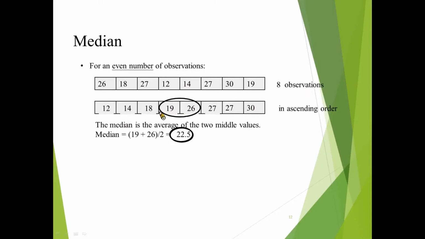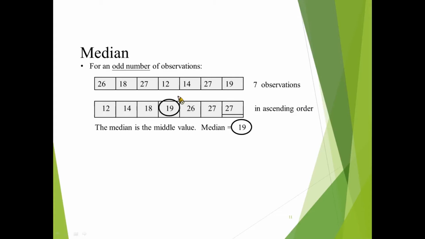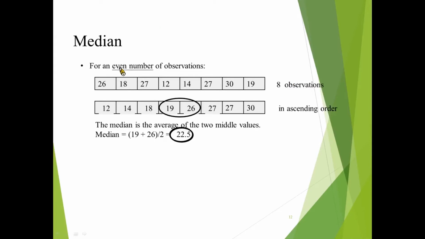We take the average of the two middle values, 19 plus 26 divided by 2, which is 22.5. So the first example has an odd number of observations and the next example an even number, so it's a little bit different.